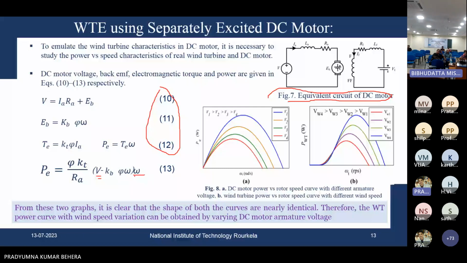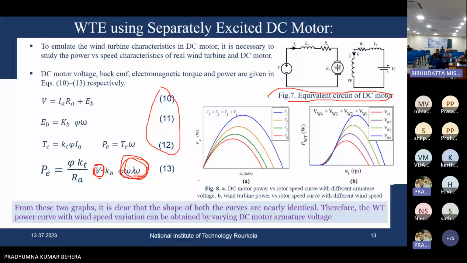So suppose we keep this armature voltage, meaning the terminal voltage of the DC motor, constant, we can see that the power developed by the DC motor is a conic function of the angular speed of the shaft of the DC motor.